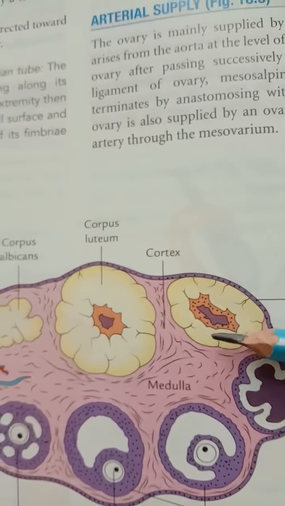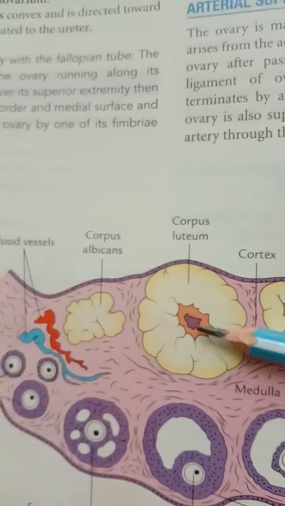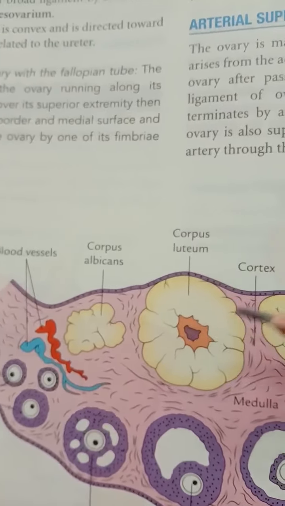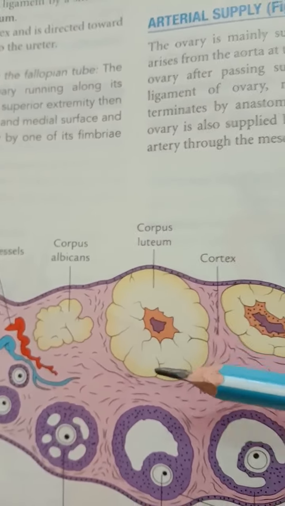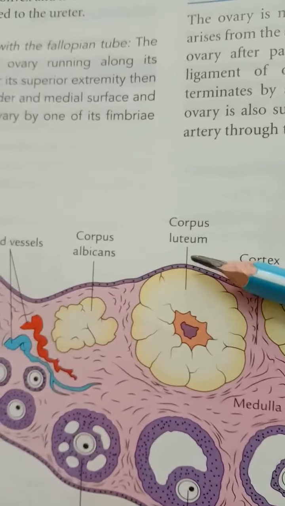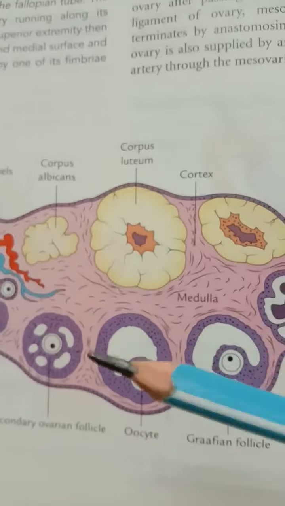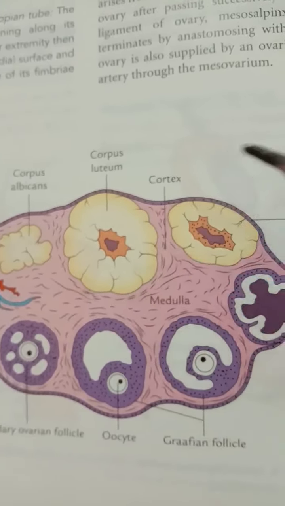After ovulation, the empty Graafian follicle is converted into a mass of specialized tissue called the corpus luteum.